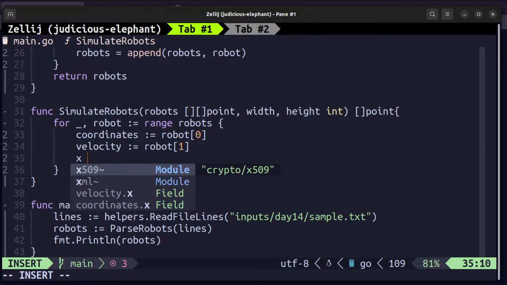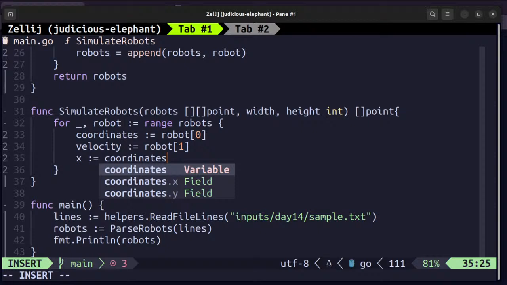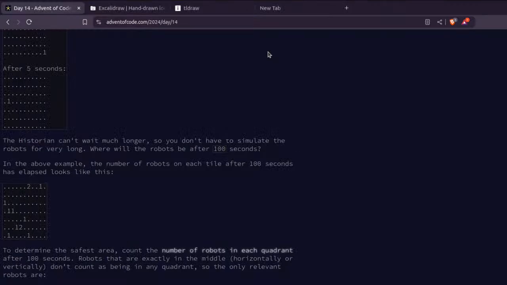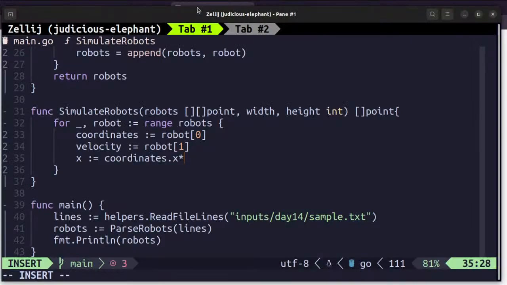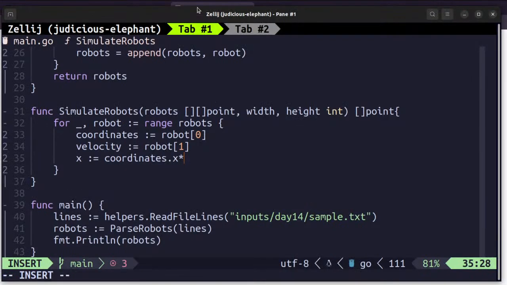X becomes coordinates x, then multiply it with the number of iterations that we want to do. So it will be 100. It was 100, right? And let's not do 100, let's do 5 with that example.